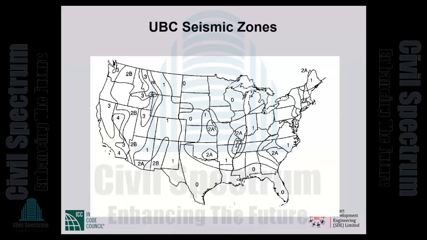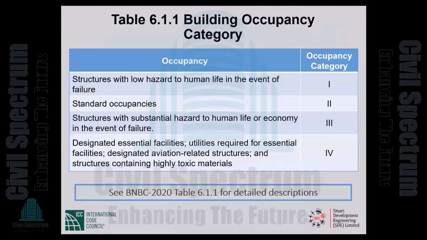Okay. So occupancy of the structure, I said, is a component of the seismic design category. AC 705 as well as BNBC has occupancy categories defined 1, 2, 3, and 4.